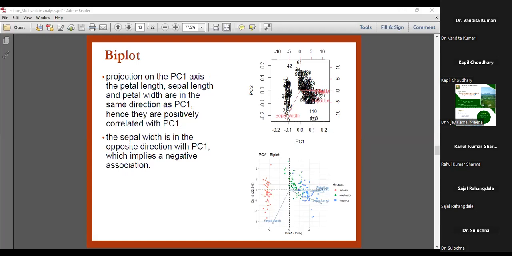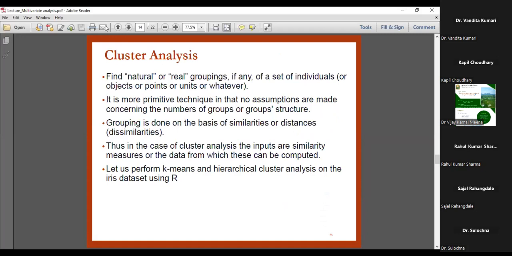That means these 3 variables are positively correlated with PC1, and the sepal width is in the opposite direction, somewhat perpendicular to PC1, which implies that it has a negative association with principal component 1. Now, another method which is being used.